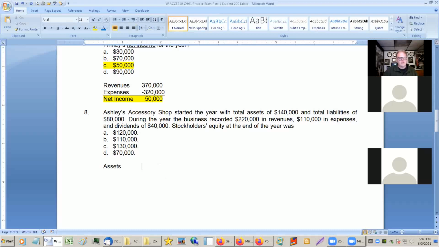So assets were 140,000. Oops, too many zeros. Liabilities were 80,000. Now, they don't tell us what the beginning equity was.